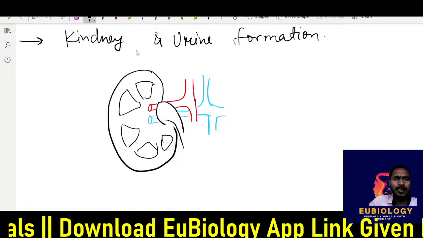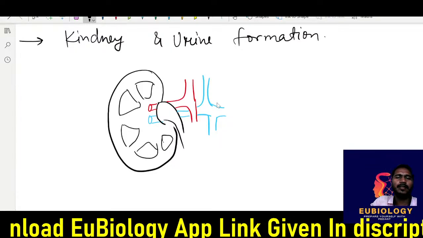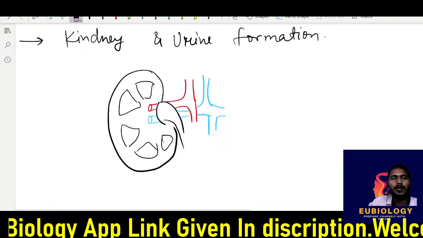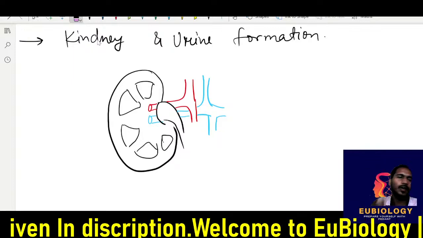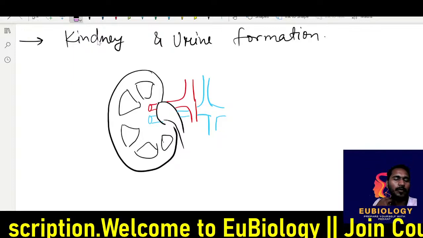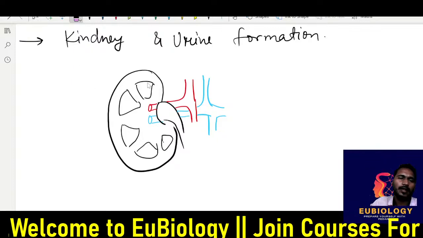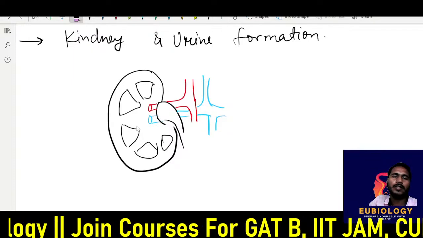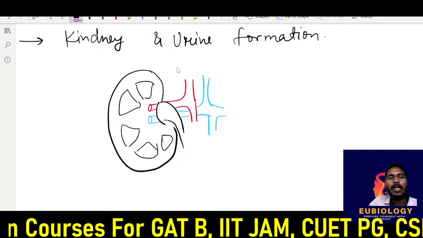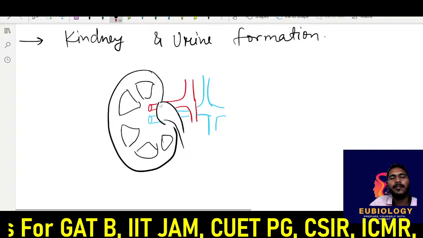So these are the arteries and these are the veins. Why we need a vein? Because the kidney cell itself requires oxygen to perform a function. So that during the respiration, this kidney cell will produce the CO2 and that will be transmitted by these veins. And why we are taking these arteries?